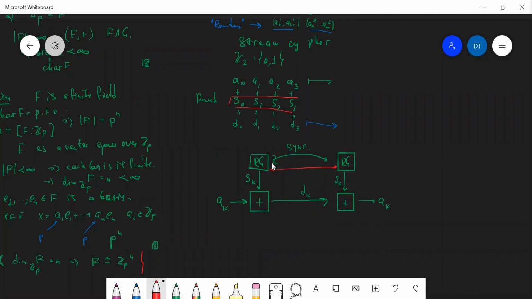So at the beginning of your communication, you use a secure channel to synchronize random generators.